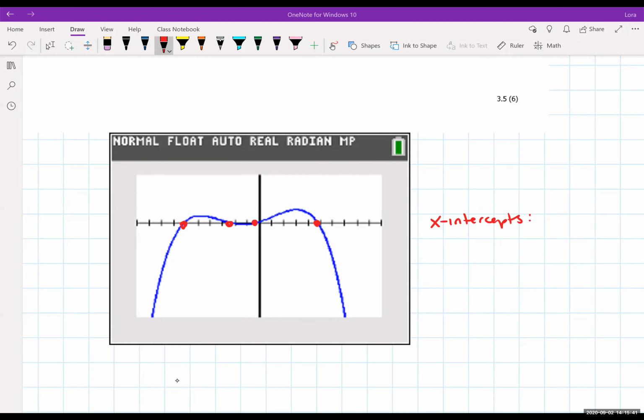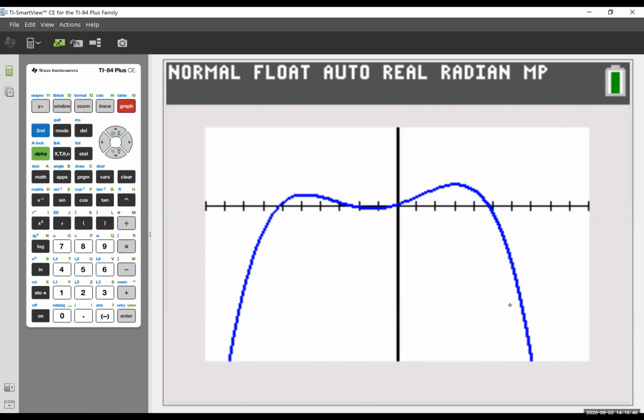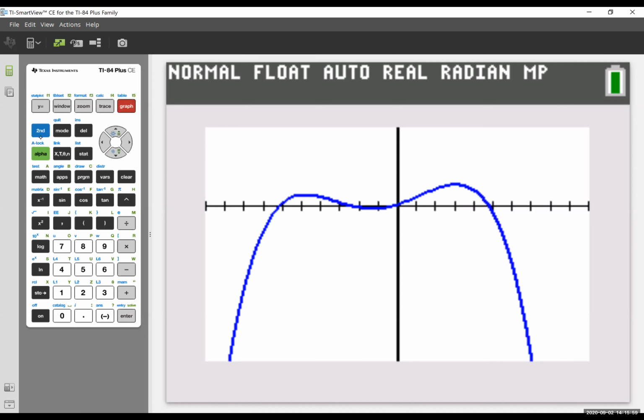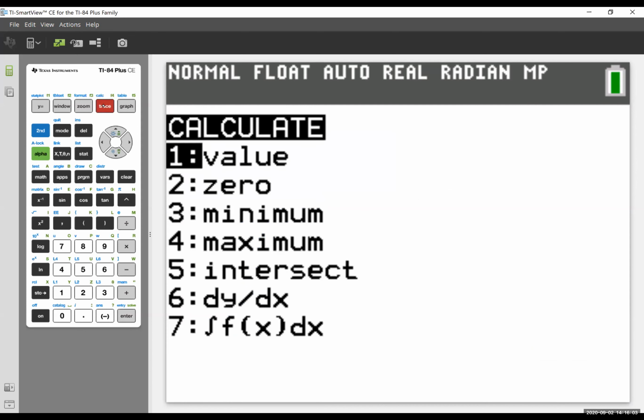And depending on your version, your operating system of your TI, there's more than one way to do this. I will take it so I cover everyone. There may be a faster way to do it depending on this, but feel free to read the textbook so that you can get that if you are interested. So if I'm going to calculate the intercepts, I'm going to do second calculate, and it's going to be the zeros.